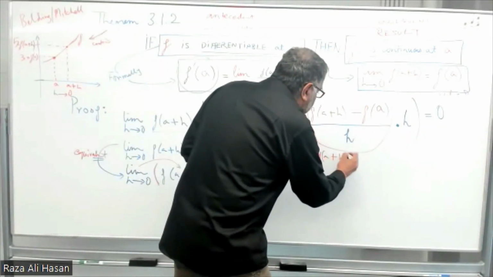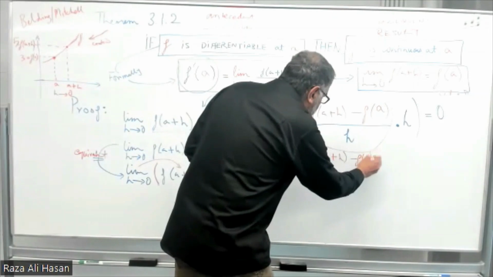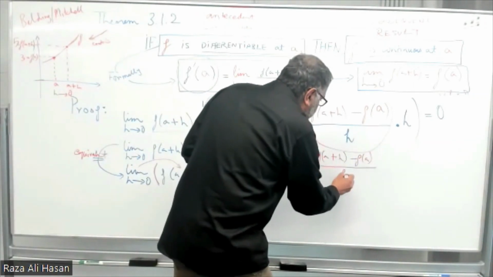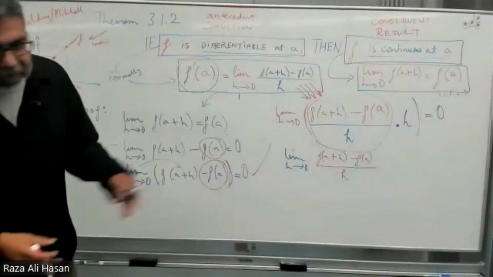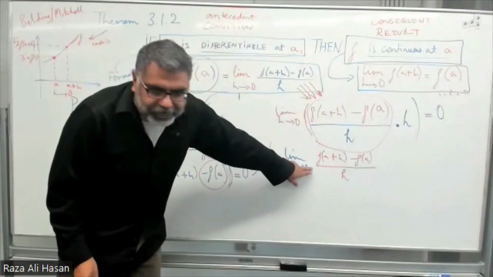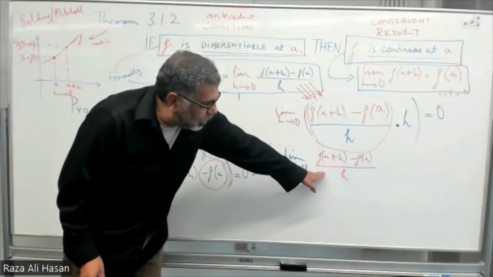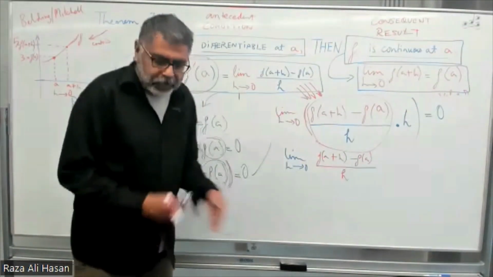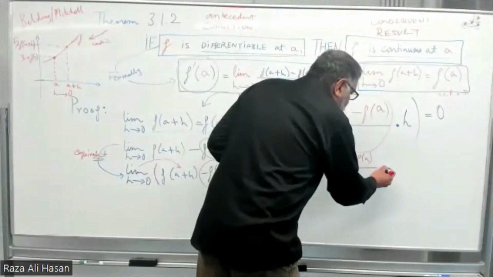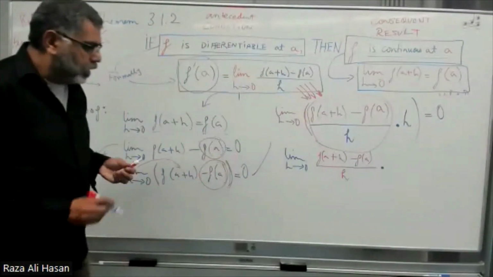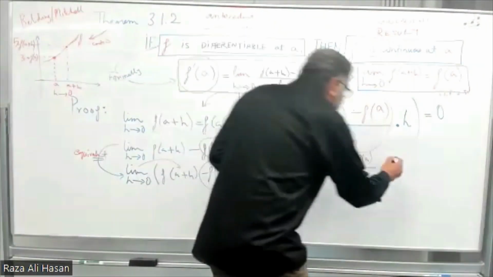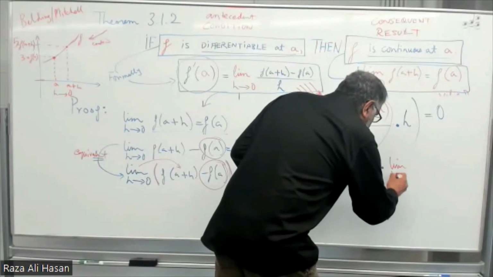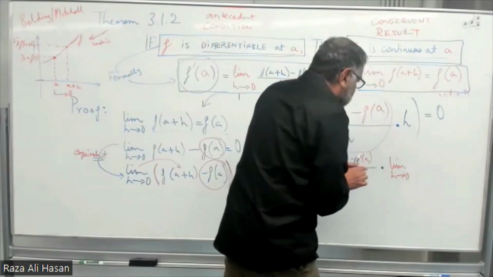The limit of f of a plus h minus f of a, all over h. And you can see now, I don't have to use any parentheses, because this is a fraction, and the limit is applying to this fraction. Then we have a multiplication sign there, and let's apply the limit to the other one.